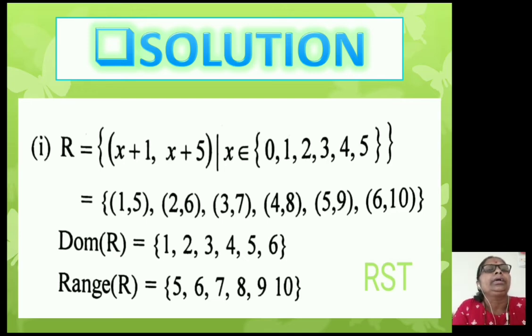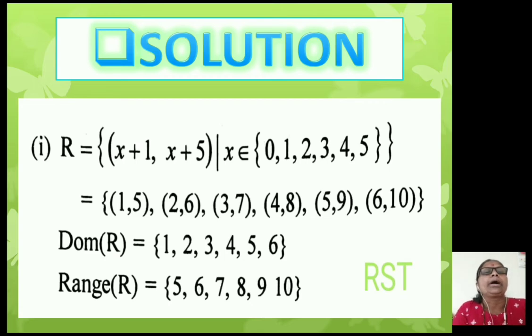Similarly, the other ordered pairs exist, so R equals {(1, 5), (2, 6), (3, 7), (4, 8), (5, 9), (6, 10)}.